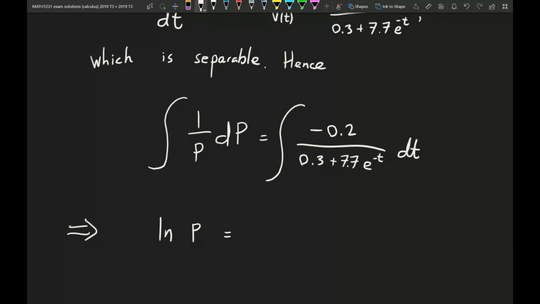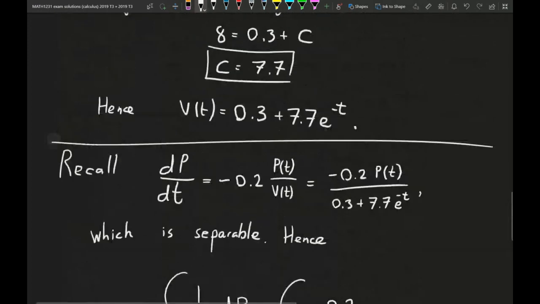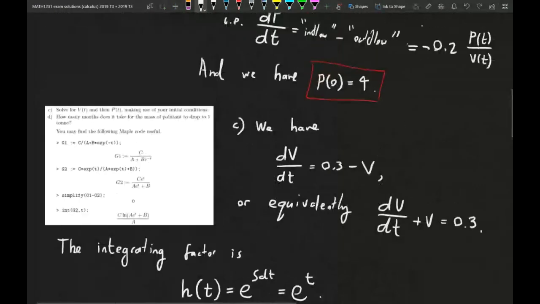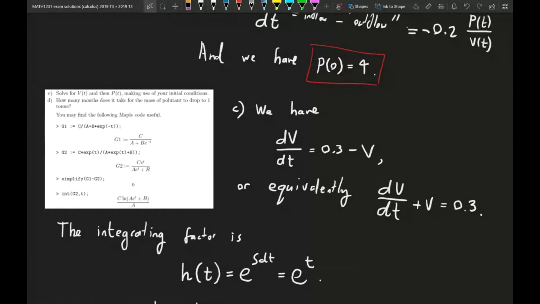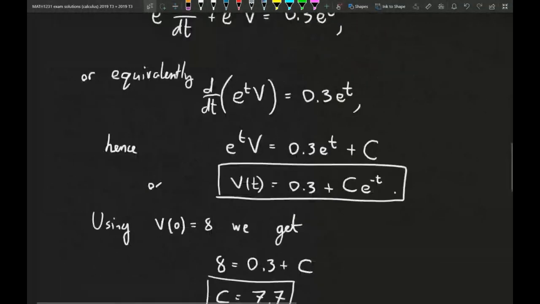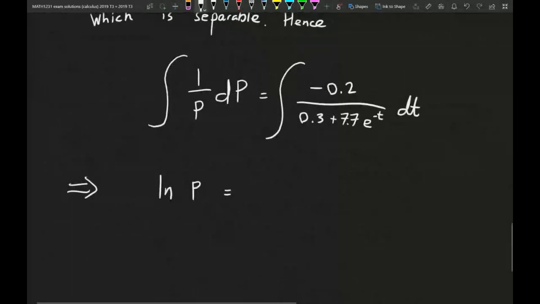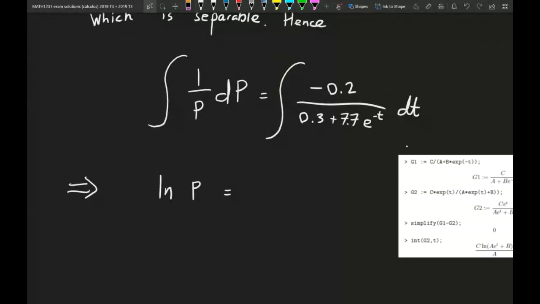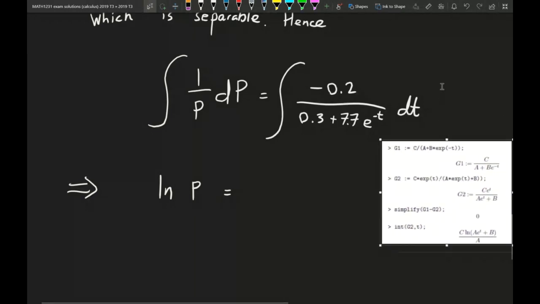In the second case, well, this is where I should get the Maple code. So we have this code here, and you should see, well, there's a number of things that this code does.